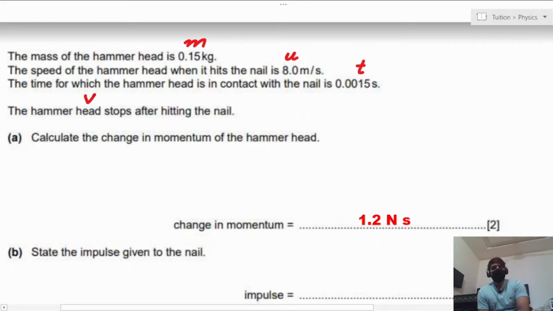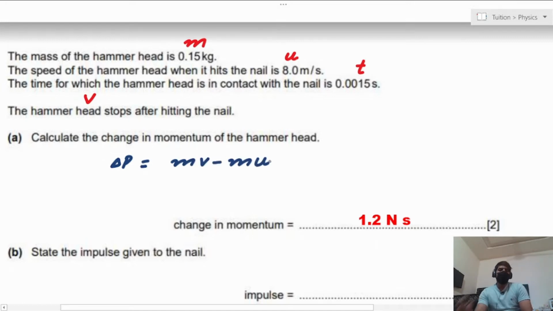Calculate the change in momentum of the hammerhead. So the change in momentum is represented by delta P equals mv minus mu.